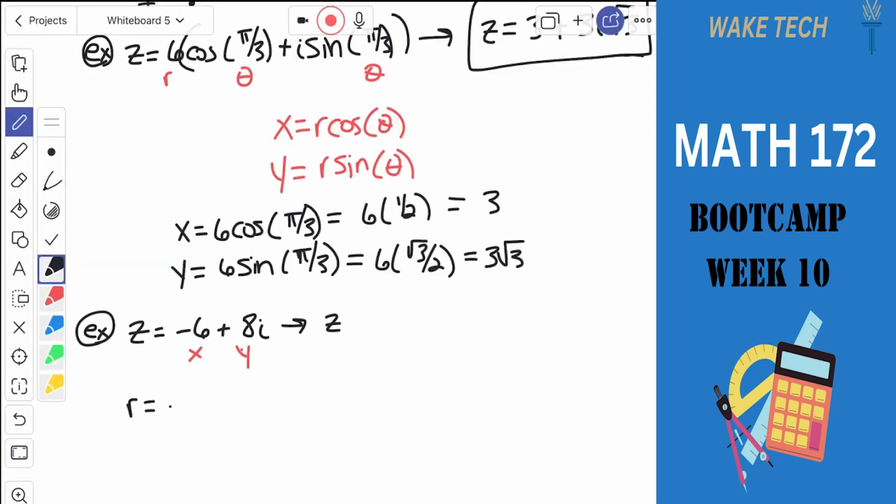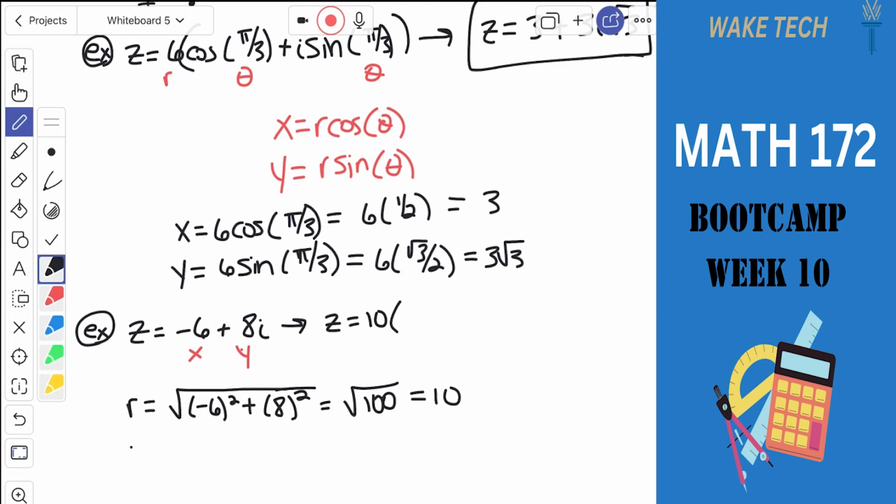R is the square root of x squared plus y squared. That is the square root of 100, which is 10. So our r value is 10.